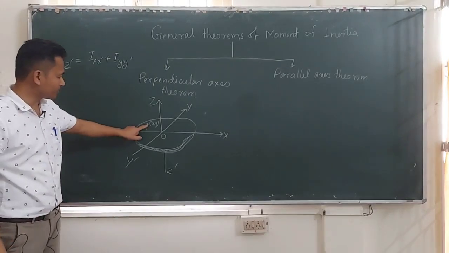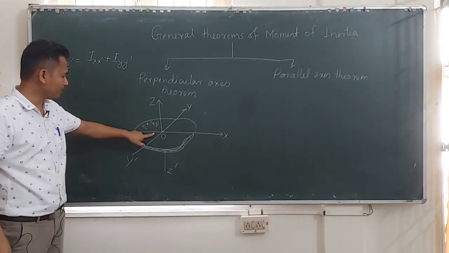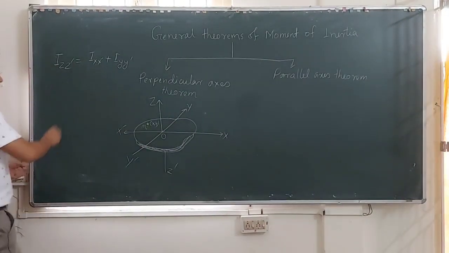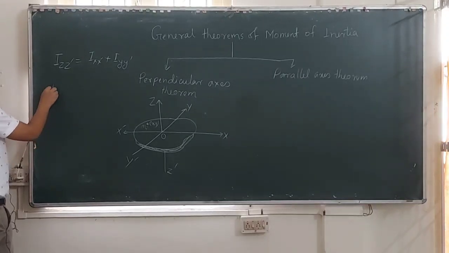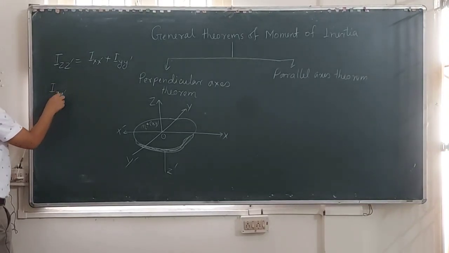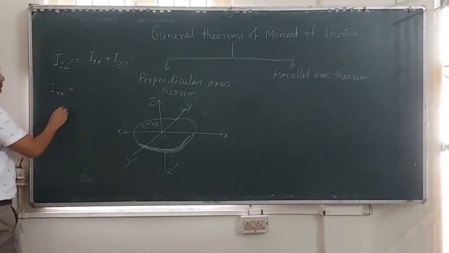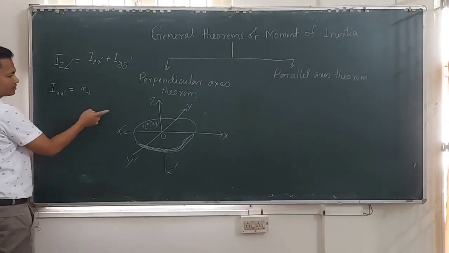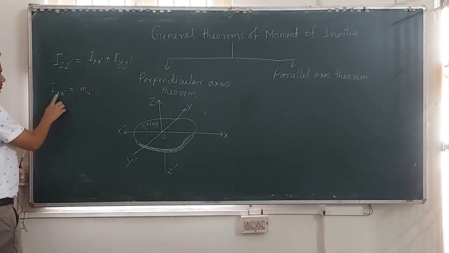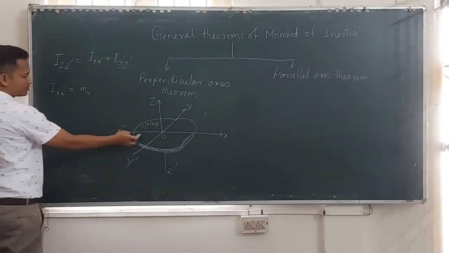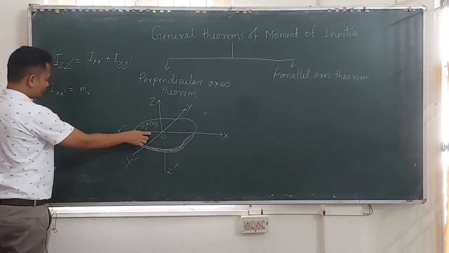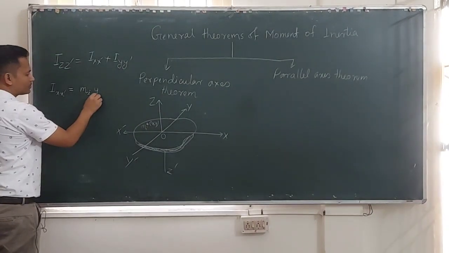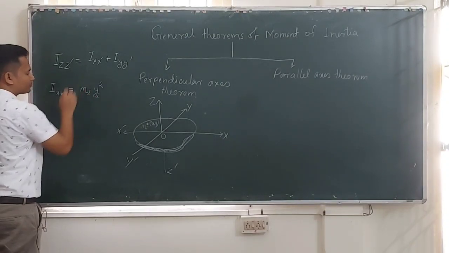Now the moment of inertia of this particle about the x prime axis and about the y prime axis. Let us write it. The moment of inertia of the particle about x prime is equal to the mass of the particle times the square of its distance from the x prime axis, which is y. So I x prime equals m i y i square.